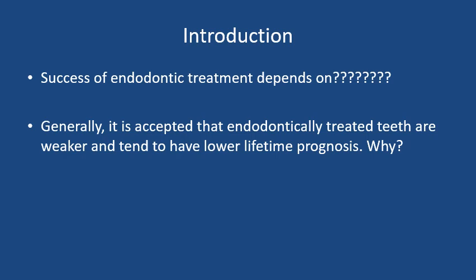Firstly, because of the loss of moisture due to the loss of pulp vitality. هذا الشيء هذا يعني إن loss of unbound water from the root canal space and the dentinal tubule because of the loss of vitality. ثانيا, because of the usage of the endodontic irrigation. بعض أنواع الirrigation تسبب decalcification and demineralization of the dentin like the acid and the EDTA. والبعض الآخر like sodium hypochlorite يسبب denaturation for the protein. هاي الأسباب أدت إلى أنه الروت كانال تكون weaker than the tooth with vital pulp.